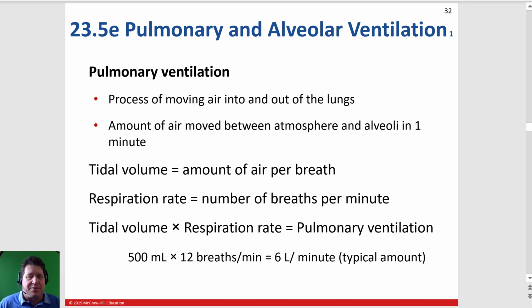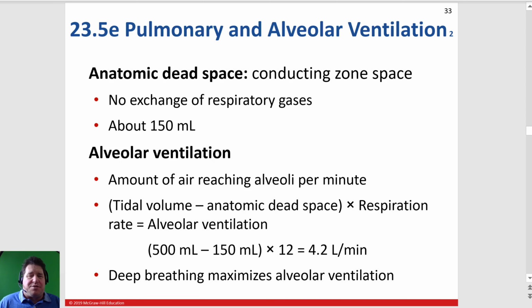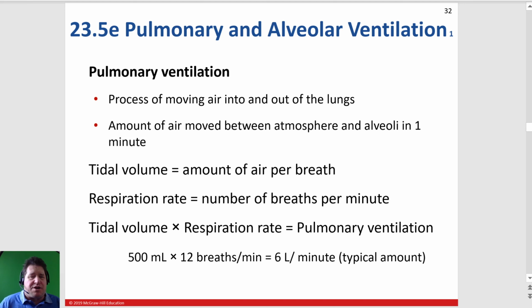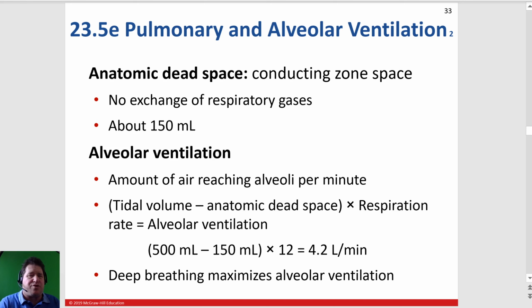So we have what we call tidal volume. That's just how much air you breathe in a relaxed state. And respiration rate, how fast you're breathing in. This is the pulmonary ventilation rate. So remember, the conducting zone, dead space, where gases don't exchange, equals about 150 milliliters.